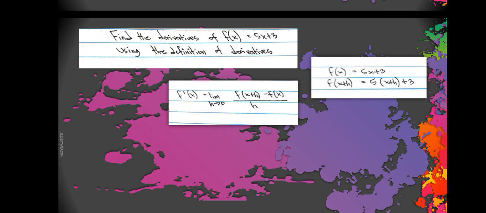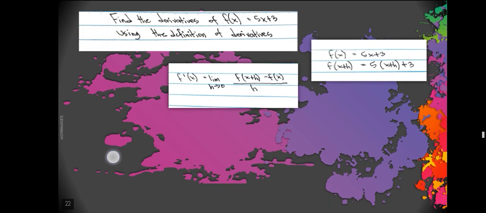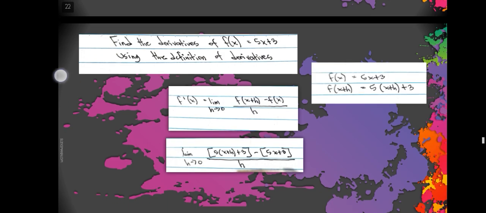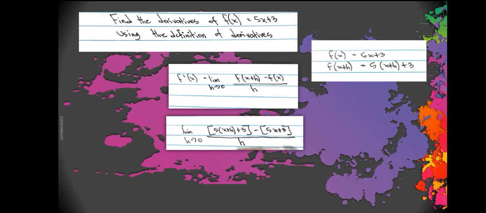Kaya yung f of x plus h will be equal to 5 times parentheses x plus h plus 3. At syempre, yung f of x is yung original function which is 5x plus 3.